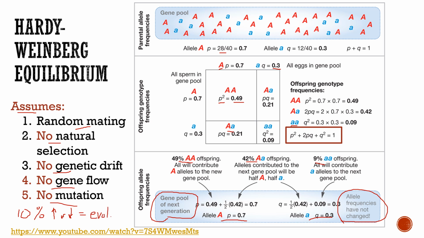So say originally our allele frequencies were 0.7 and 0.3, and then something happened to the population, and now the allele frequency is, let's say, 0.89 for the dominant and 0.15 for the recessive trait.